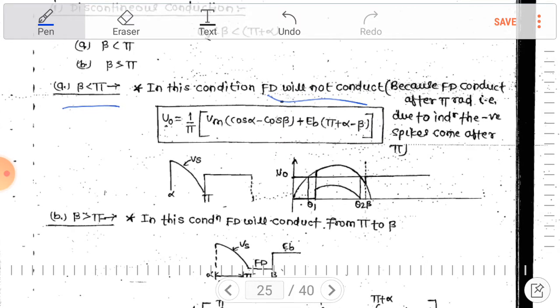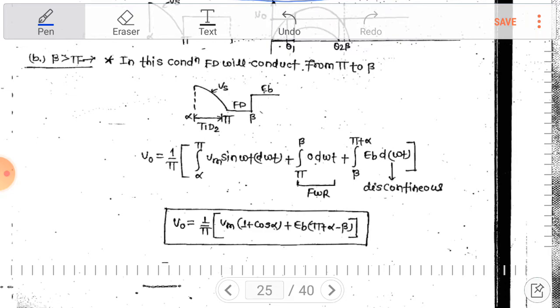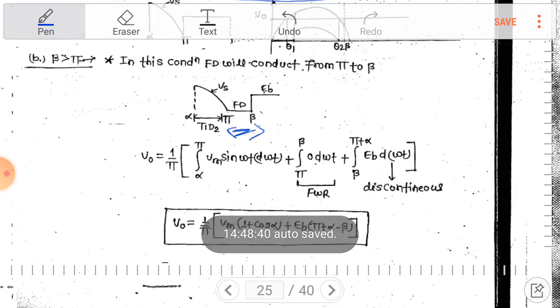So the output voltage waveform and equations are similar to the full wave rectifier in the semi-converter case also for beta less than pi. In the next case, beta greater than pi, a freewheeling period is observed, so no negative spike of voltage appears here, and V output will be increased because the negative spikes are removed.